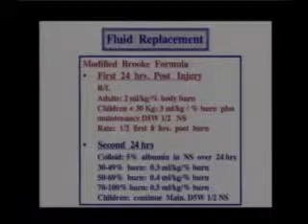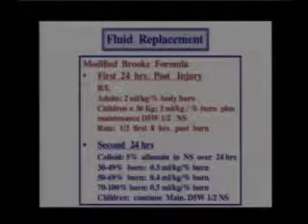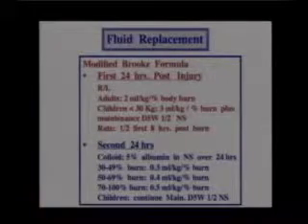Now, in the second 24 hours, one would expect to see a colloid added, such as albumin. This raises the osmotic pressure and will start to pull the fluid back into the bloodstream. So you would expect colloids, such as albumin, to pull the fluid back into the bloodstream.